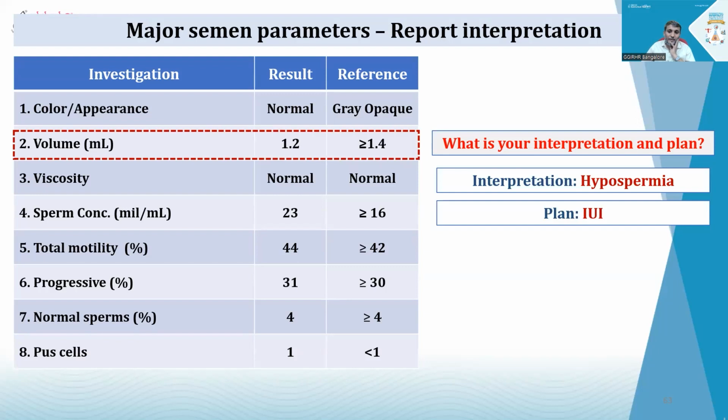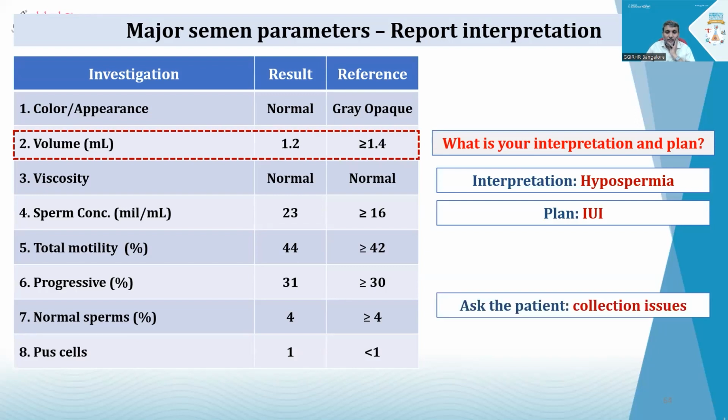So IUI is planned, and a very important thing: you should ask the patient whether he has any collection issues, or whether he dropped the semen sample outside the container while ejaculating. If he has not opened the container and ejaculated, some portion of the semen sample might have been lost. So proper history taking is very important. Whether he has lost the semen sample, or has collection issues, or erectile dysfunction, all those things should be noted here.